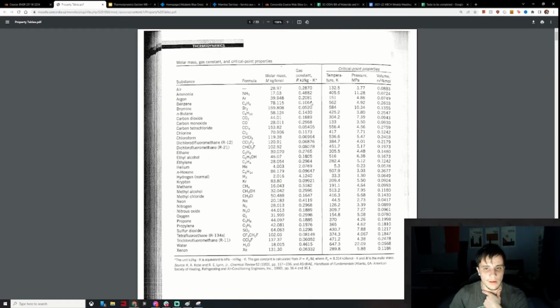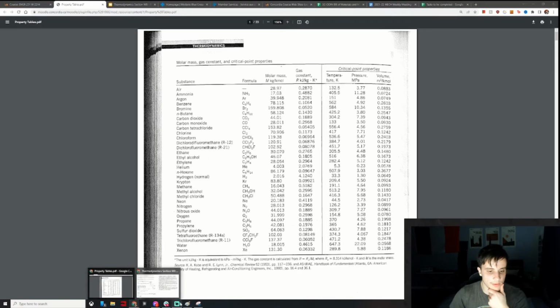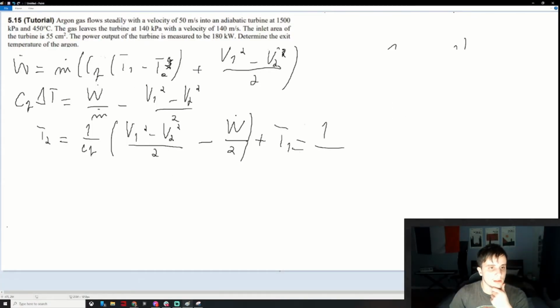Argon, there we go. Okay, our gas constant, first page, argon will be 0.2081, which is what we used to solve the specific volume to get the mass flow rate. So sorry about that.